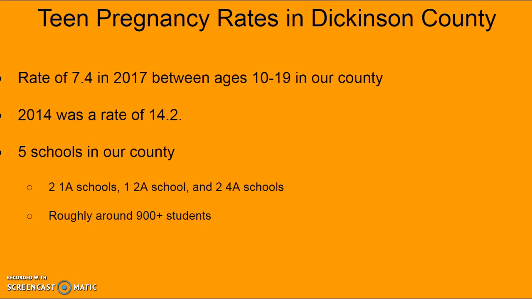From 2014 to 2017, it has almost cut in half, which is a good thing, but I still feel that it should be lower. Our county has 5 schools, made up of 2 1A schools, 1 2A school, and 2 4A schools, which I figured was roughly 900 to 1,000 students. So 7.4 out of 900 to 1,000, I guess, isn't too bad, but I still think it should be lowered.